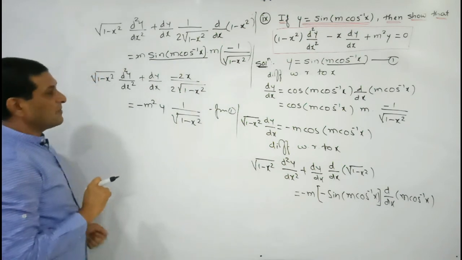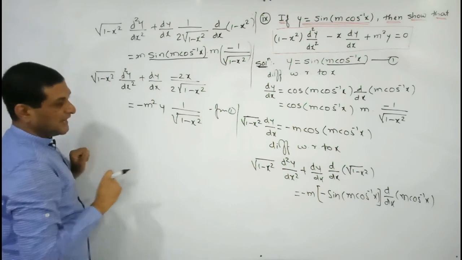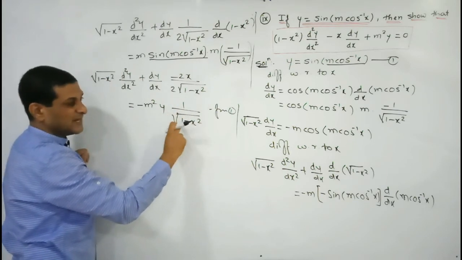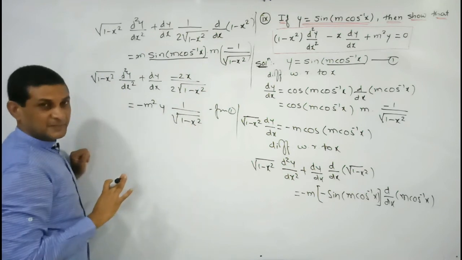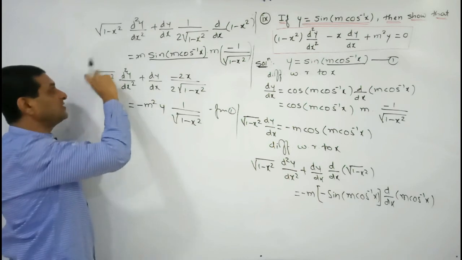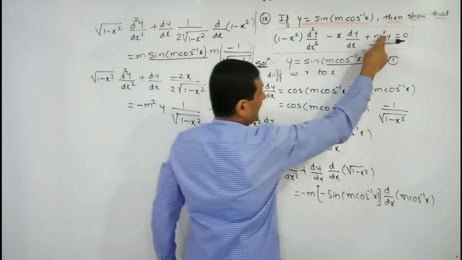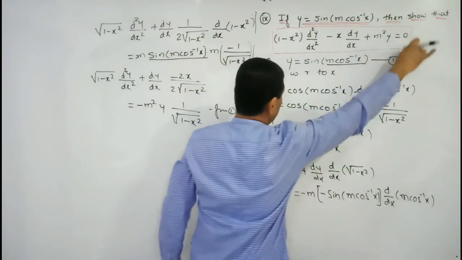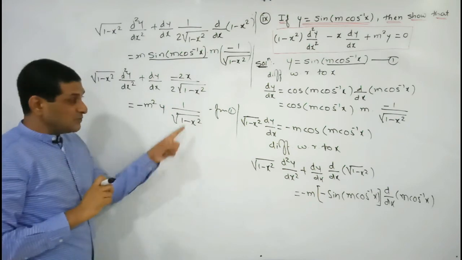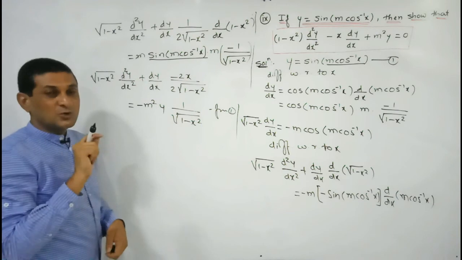To get our required result, here we do not require the root, and on this side the same term under root 1 minus x square is in the denominator. Now to eliminate this square root, because on this side only plus m square y is there, because minus m square y on this side will become plus, but we do not require this term, we have to eliminate it, and that's why I am multiplying both sides by under root 1 minus x square.